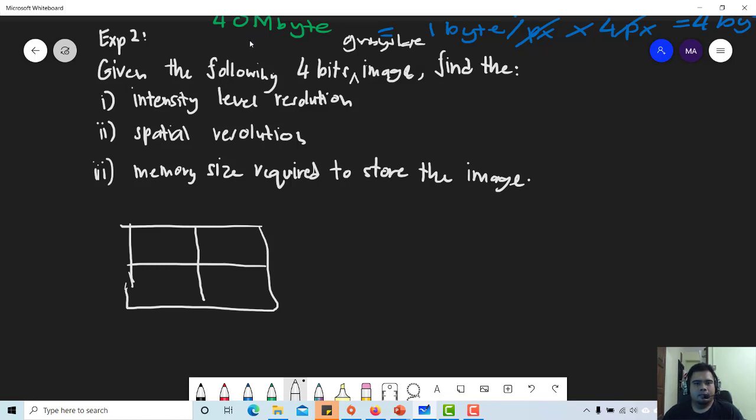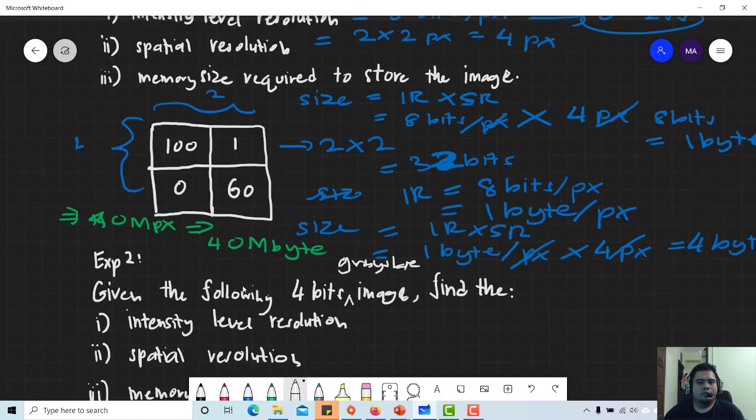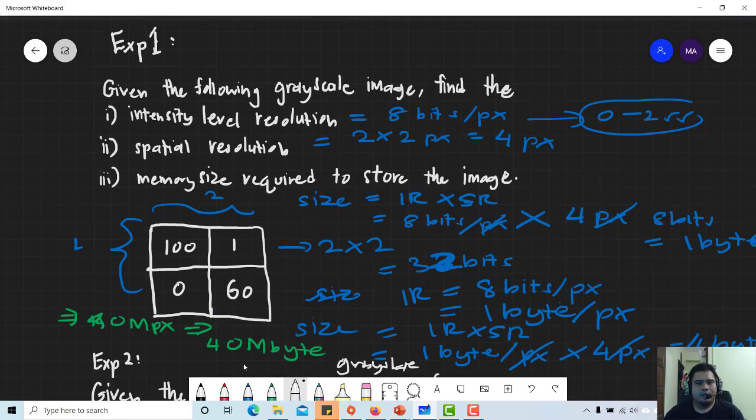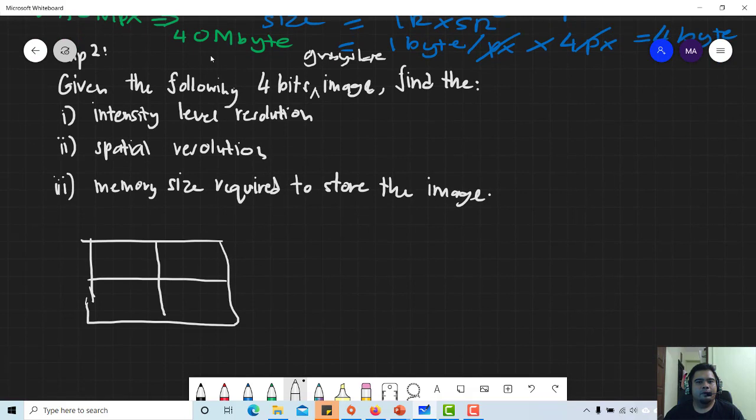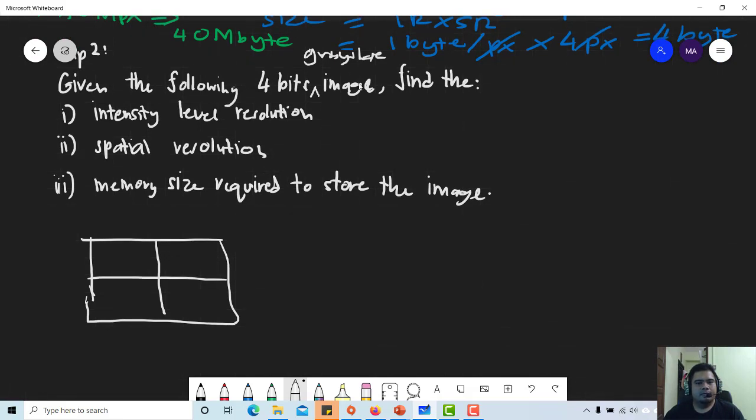In this question, it's almost similar with the example number 1, but now you can see that it says given the following 4-bit grayscale image. You need to identify the important keywords in the first line. The important keyword is this one, 4-bit.